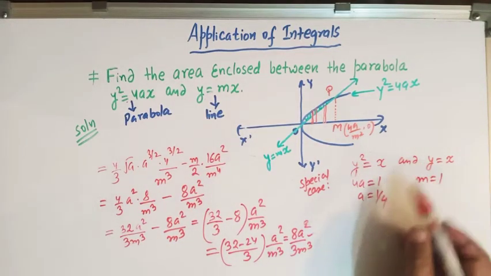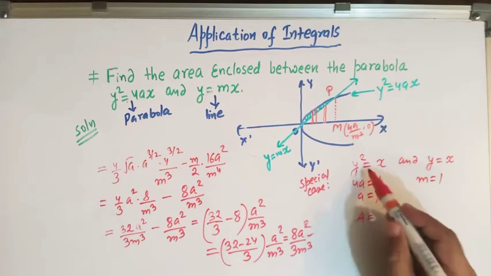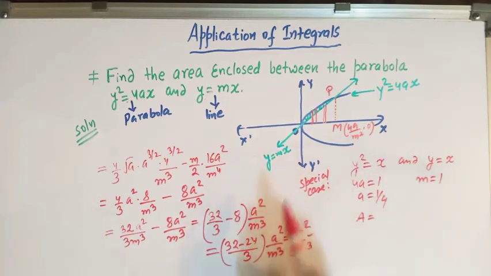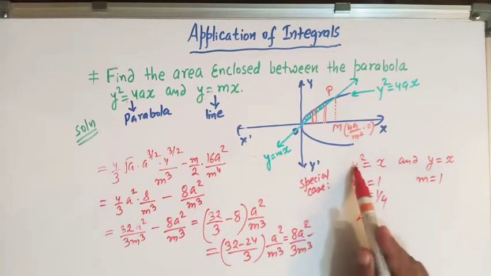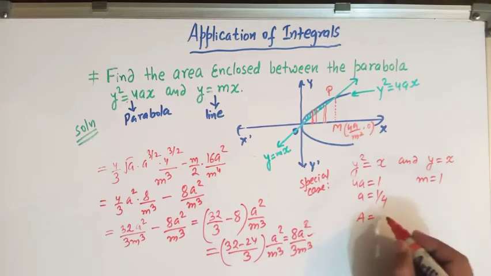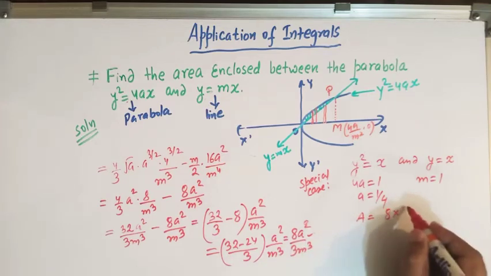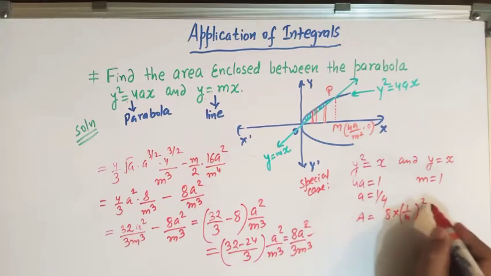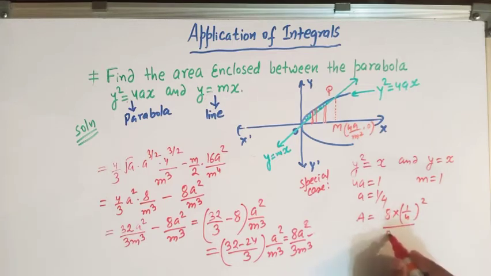So what is the area enclosed between these two curves? If we take y square equal to x and y is equal to x, then we can simply substitute it here. So we have 8 times, this is 1 by 4 square, and this is 3 times 1 is 1 cube.